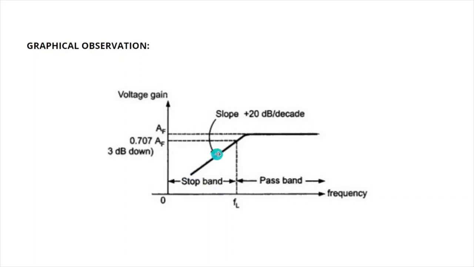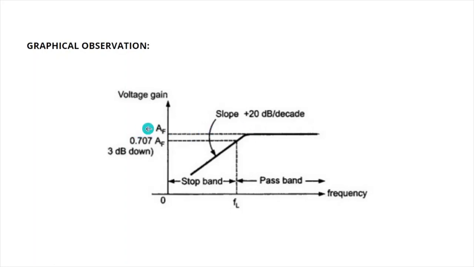And here you can see the transition up to FL. This slope is at plus 20 dB per decade, which is nothing but the roll-off factor, which we will be looking at at the end of the session, along with the error and difference I received when I was doing the practical.